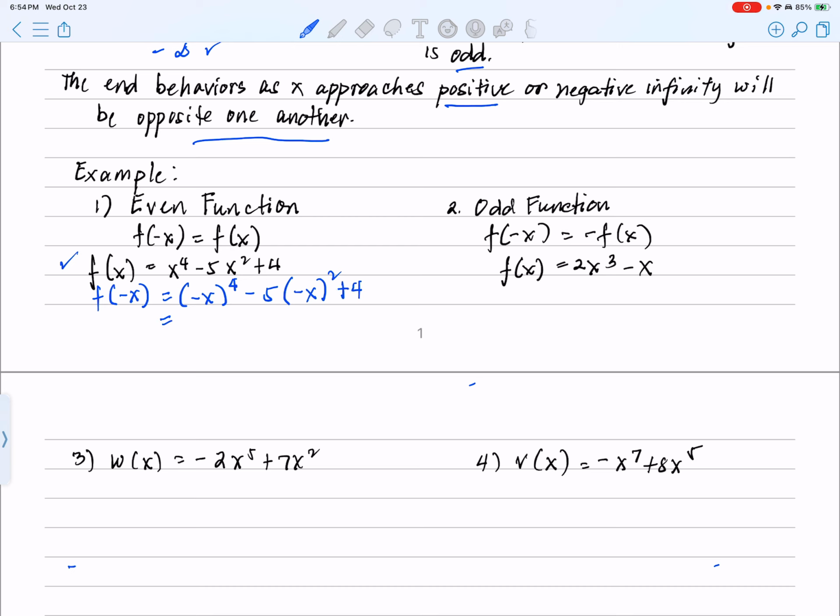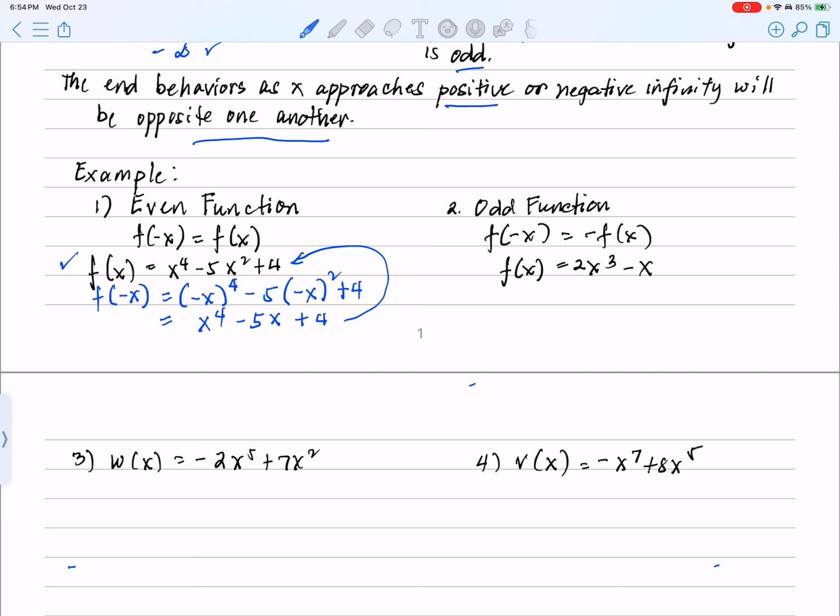So you have a degree of 4. That means negative times negative times negative times negative becomes a positive. And negative x squared, negative times negative is a positive, times the negative 5 gives negative 5x squared, plus 4. What do we have here? It's the same as the original function given.